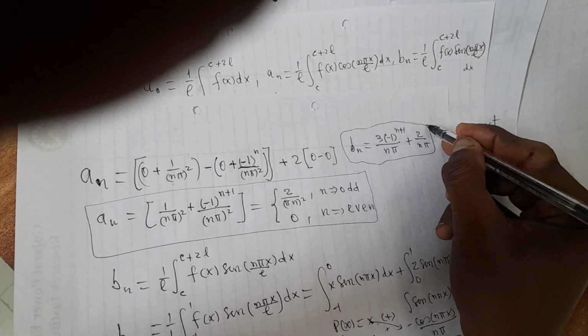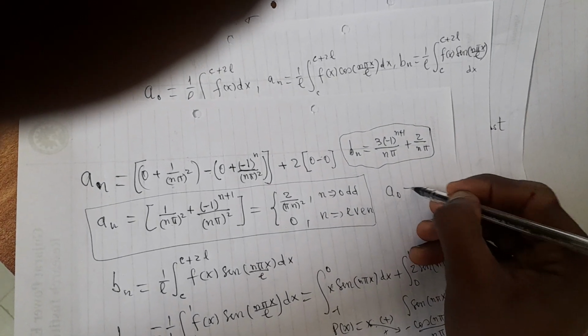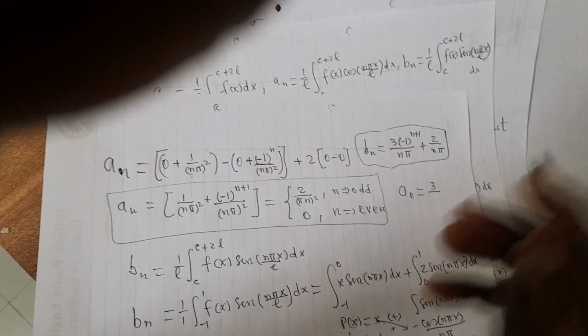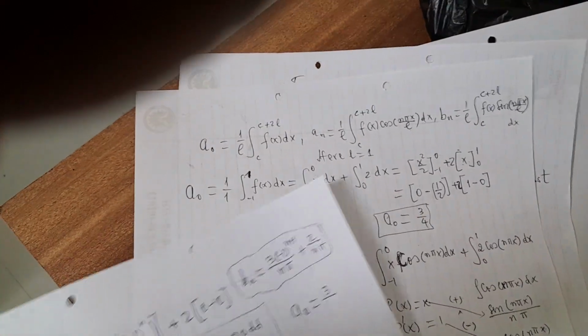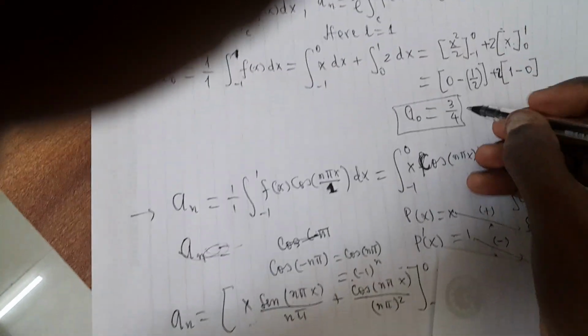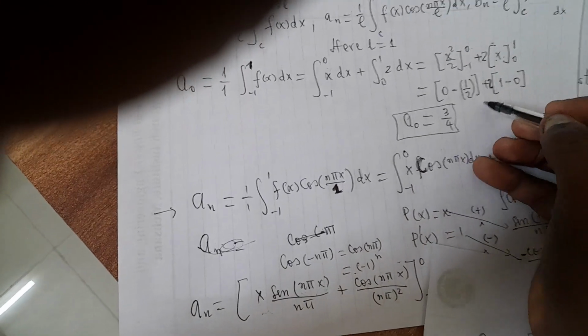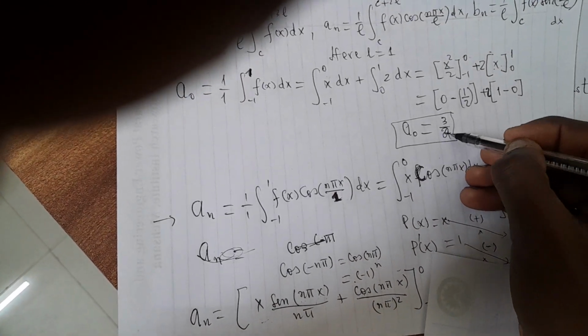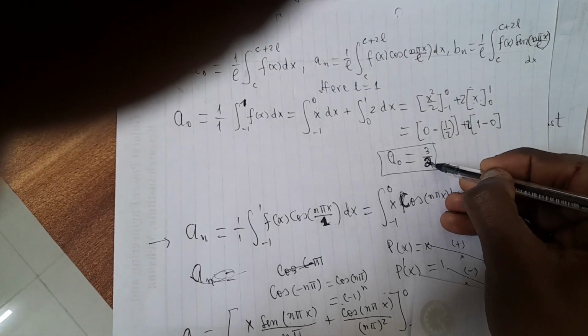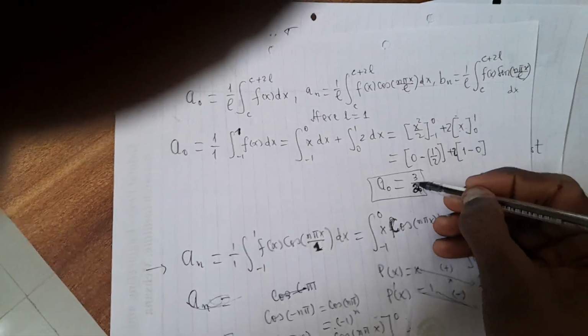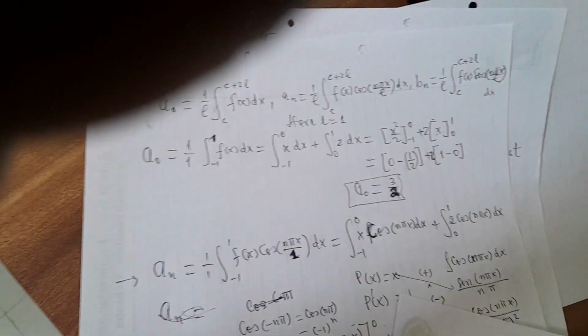This is Bn. And what is A0? A0 is 3 by, here we have calculated A0, but actually it's not 3 by 4. It should be 3 by 2, sorry. Sorry for just this one.